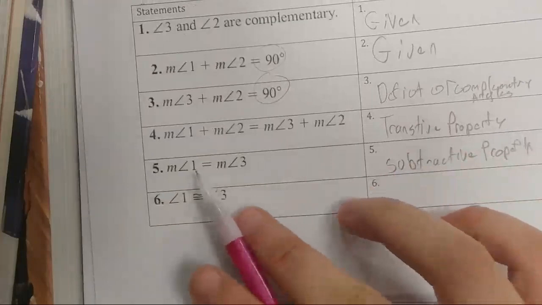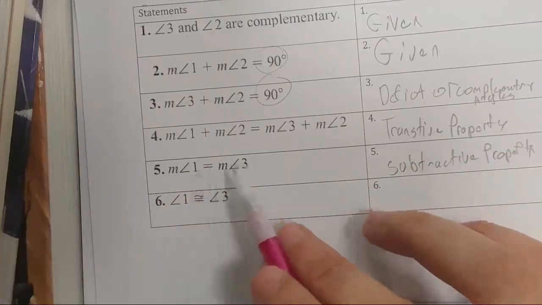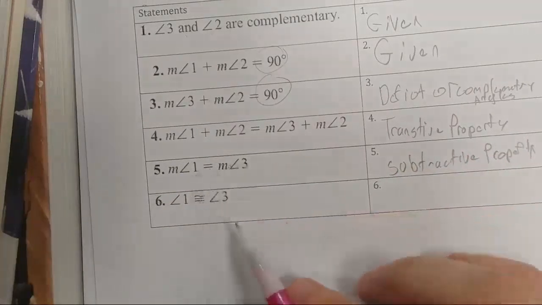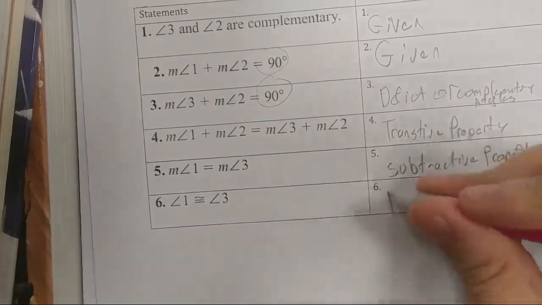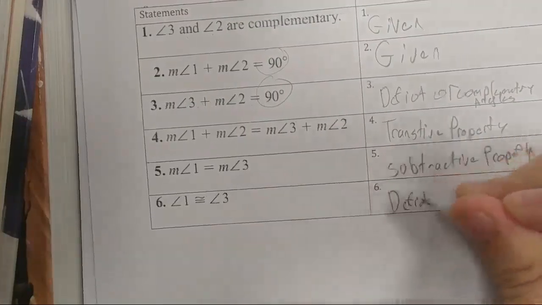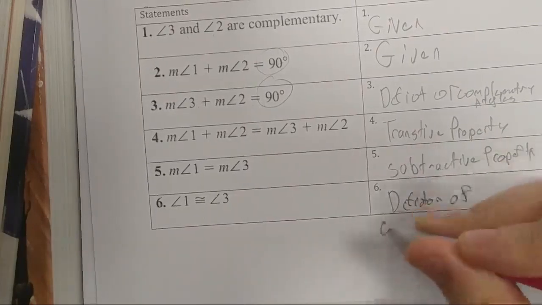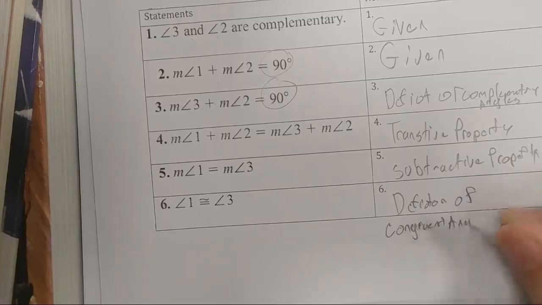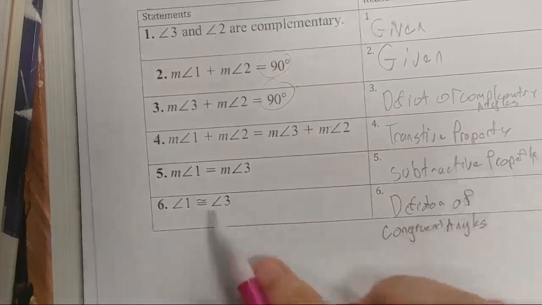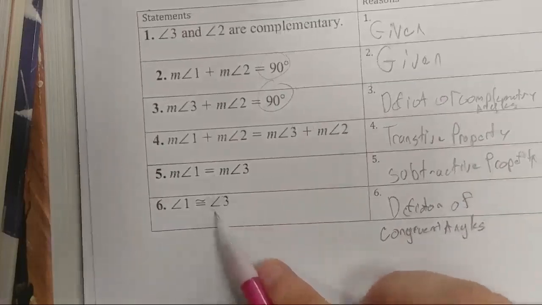And then the measurement of two equal angles means that the two angles are congruent. So that is the definition of congruent angles.